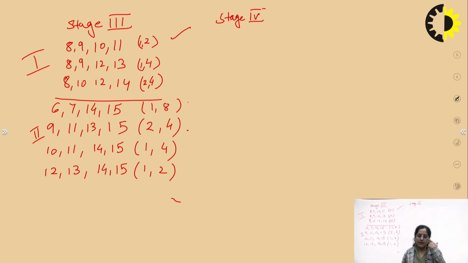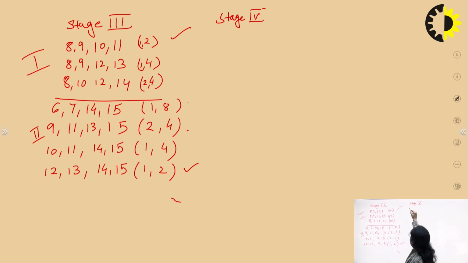In the next case we will have 8, 9, 10, 11 and then 12, 13, 14 and 15, because these are the two where we have the common terms 1, 2. Got my point? Here we don't have a pair of this with any of these other three, because we don't have 1, 2 there; we have 1, 2 only for this case.